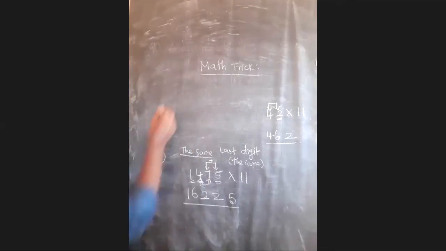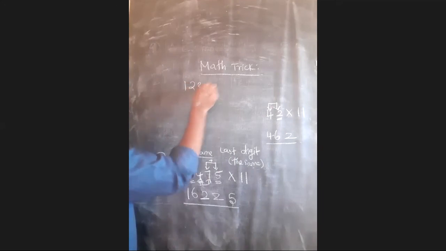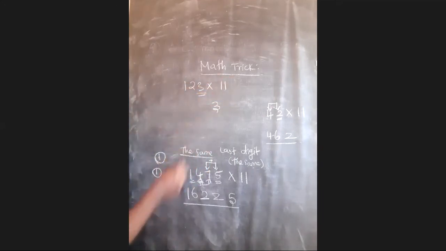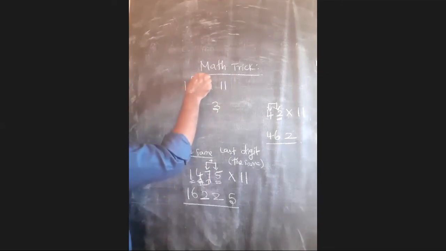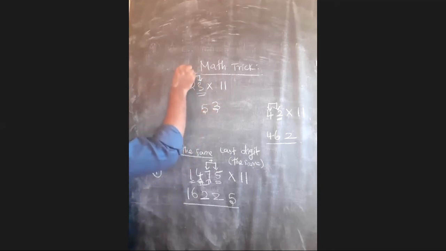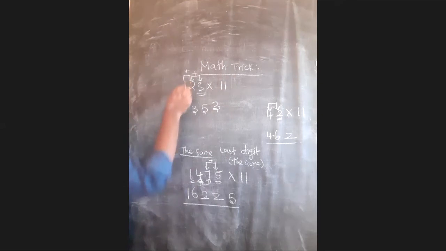So one more time. 123 into 11. Write the last number, 3. Then add 2 plus 3, which is 5. Then add 1 plus 2, which is 3. Write the first number, 1353. Over.